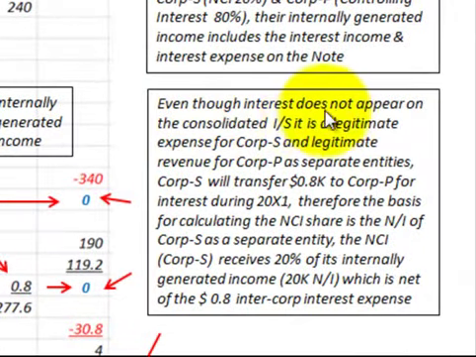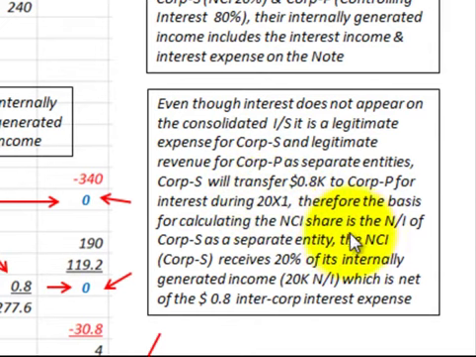Even though the interest does not appear on the consolidated income statement, it is a legitimate expense for Corporation S and a legitimate revenue for Corporation P, the parent, as separate entities. Now Corporation S will transfer $800 to Corporation P for this interest during 20X1. That's the 6 months for the first year.